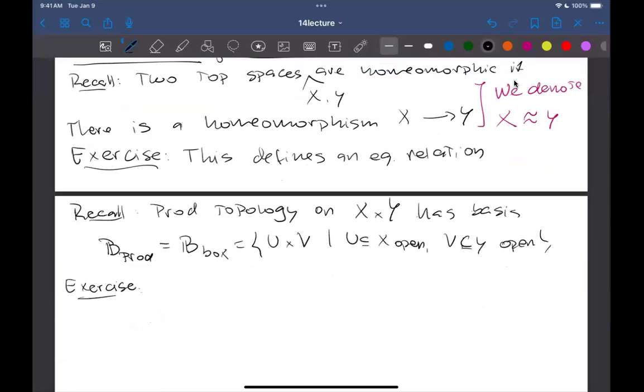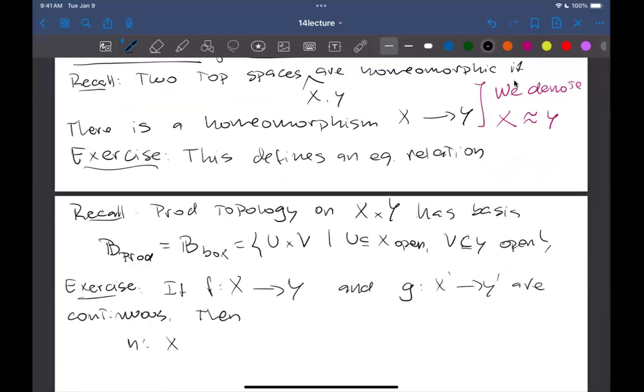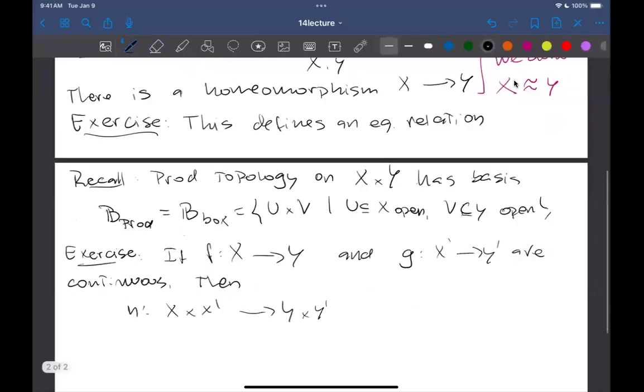If we have two continuous functions, f from X to Y, and g from X prime to Y prime, then the map h from X cross X prime to Y cross Y prime, where (x, x prime) goes to (f of x, g of x prime), is continuous.